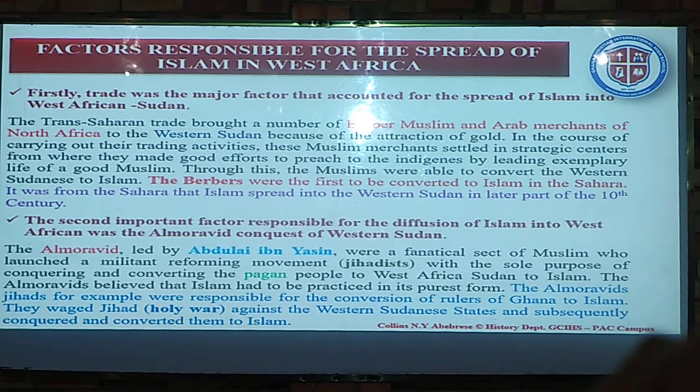Through this, the Muslims were able to convert Western Sudanese to Islam. The Berbers were the first to be converted to Islam in the Sahara, and it was from the Sahara that Islam spread into Western Sudan in the later part of the 10th century.